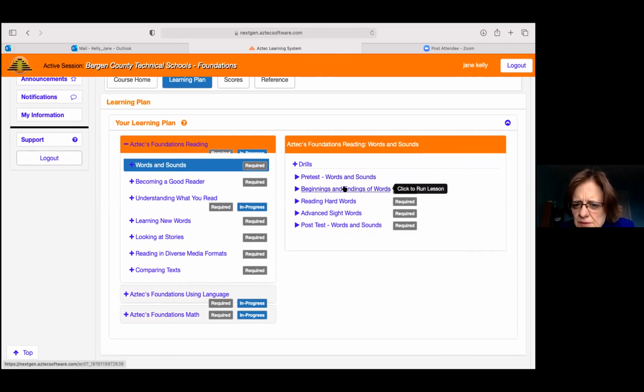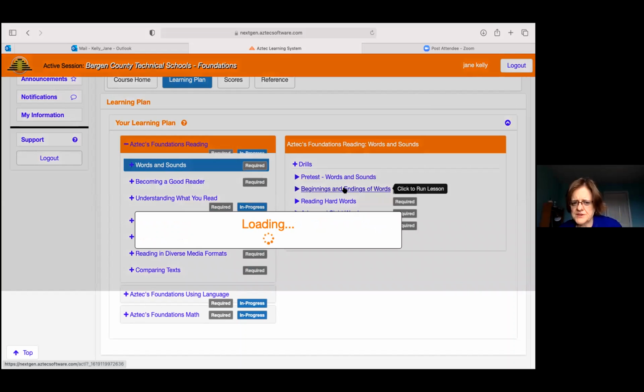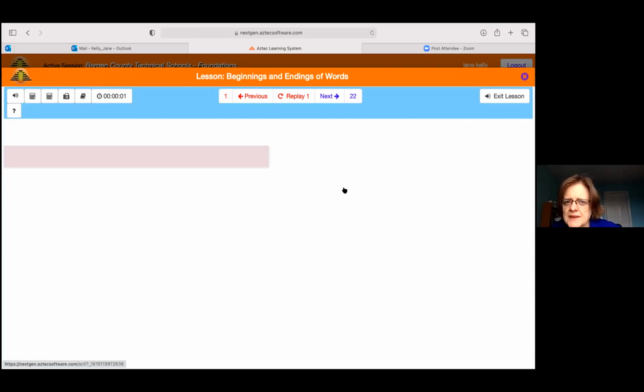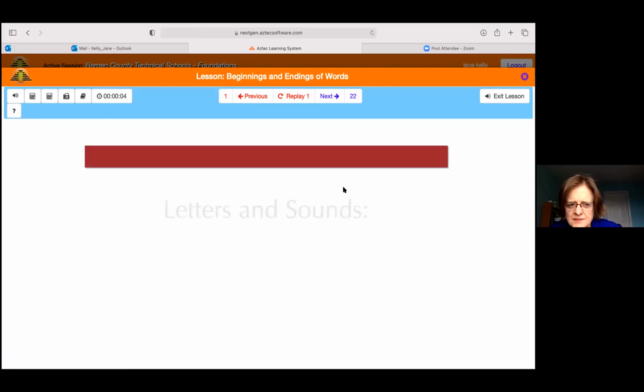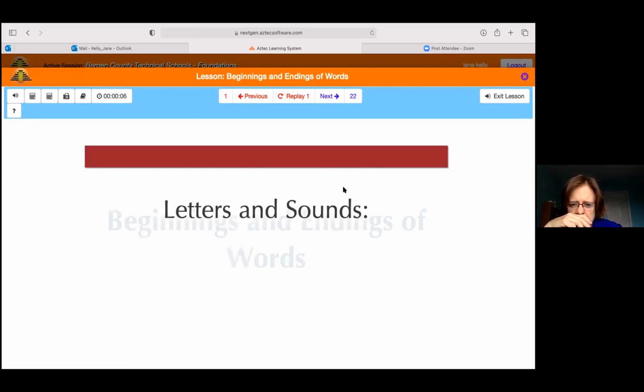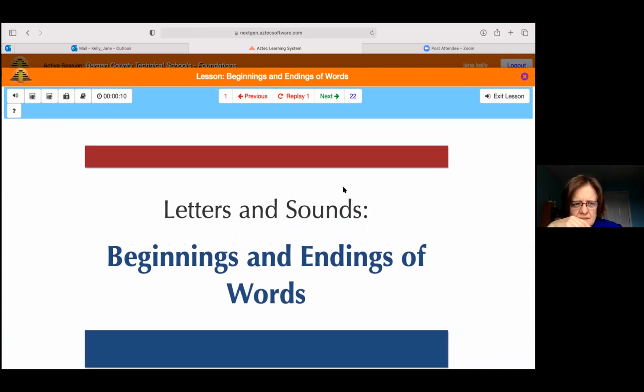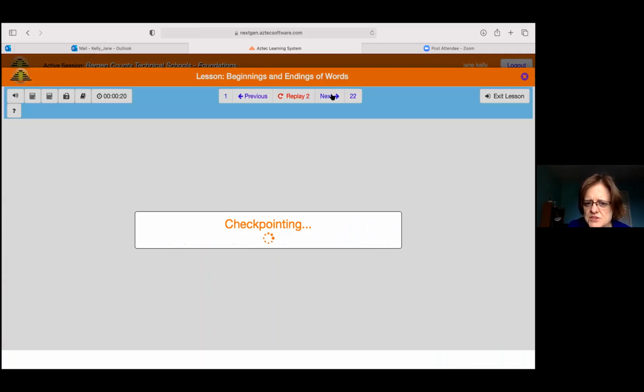But I'm just going to click on a first lesson, and it's even going to read to us, just so you see what the beginning lesson looks like. You are going to read to us, aren't you? It reads to me all the time when I have the upper level and did not turn off the sound. Maybe it's going to read the next page.